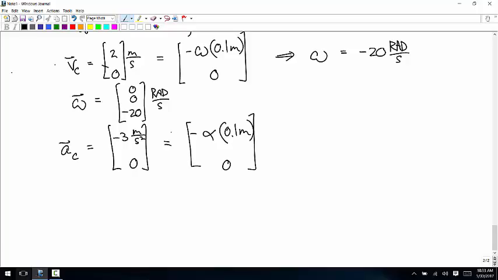And so the x equation says alpha is equal to positive 30 radians per second squared. And so the angular acceleration vector is 0, 0, 30.